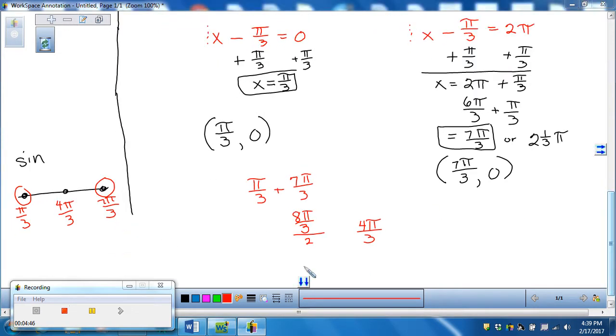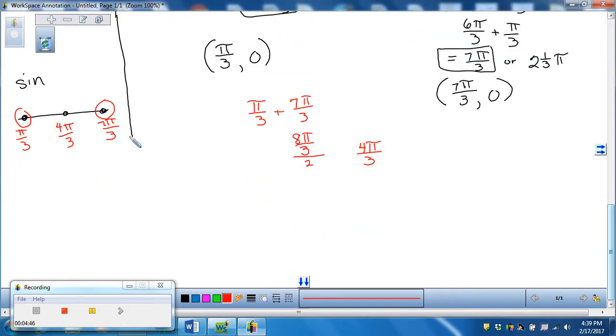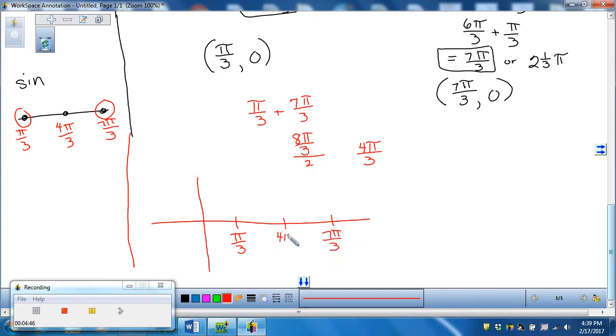So let's go ahead and start sketching this on our graph. Pi over 3. The main points that you need are just the ones that are going to be on your graph. We've got pi over 3, we've got 7 pi over 3, and then we want that halfway point, which was the 4 pi over 3.